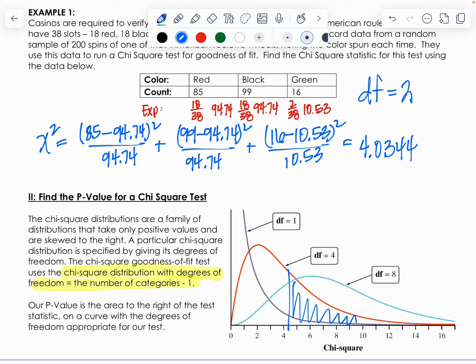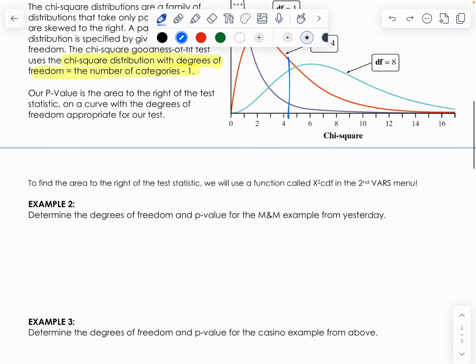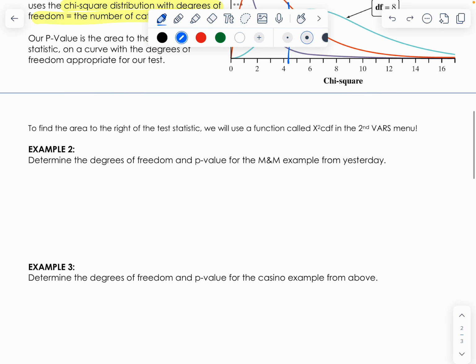Our p-value would be that area all the way to the right. Okay, and so let's talk about how we find it. We are going to use chi-squared CDF in our second VARS menu. So just like we go to normal CDF and inverse norm in our variables menu, second VARS, we're going to use our chi-squared CDF in that same menu.